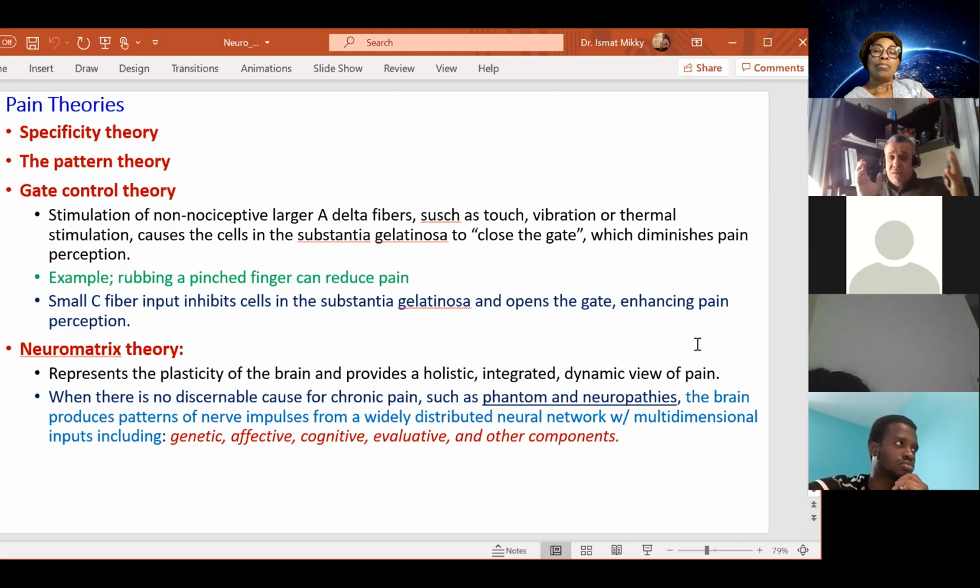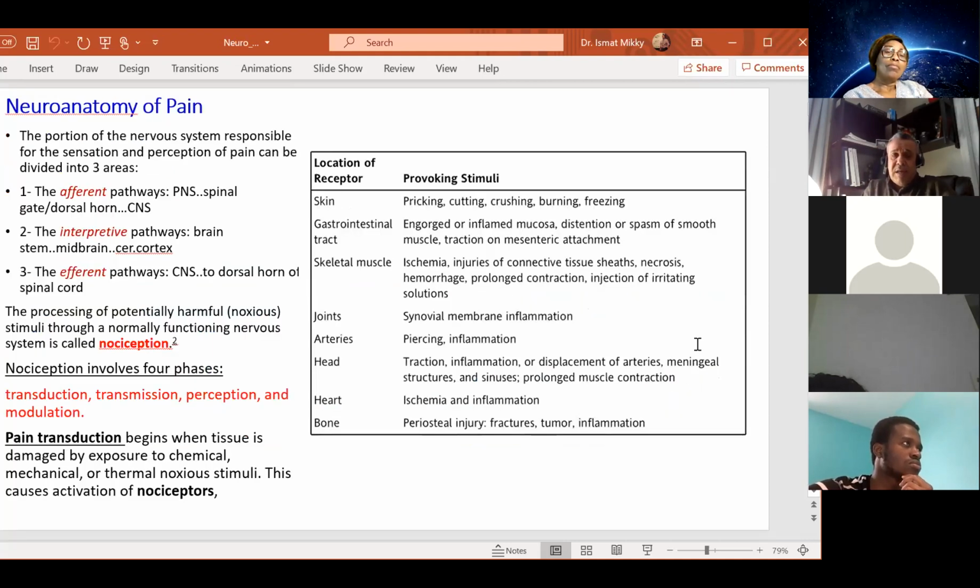It includes more aspects, more factors, and more contextual coverage of the pain experience than the other theories, especially for patients living with chronic pain. It takes into consideration the genetic, affective, cognitive, evaluative, and other components in understanding the pain experience.